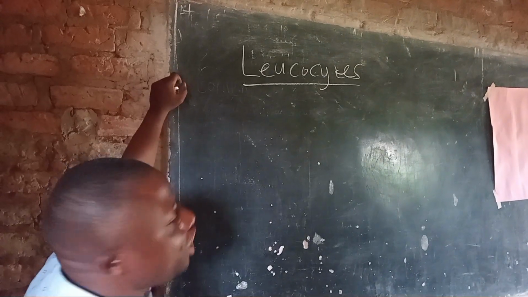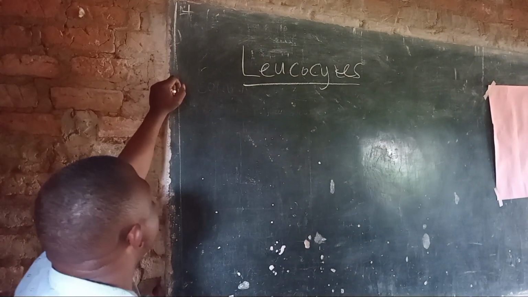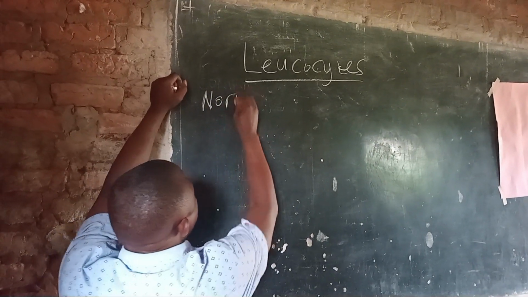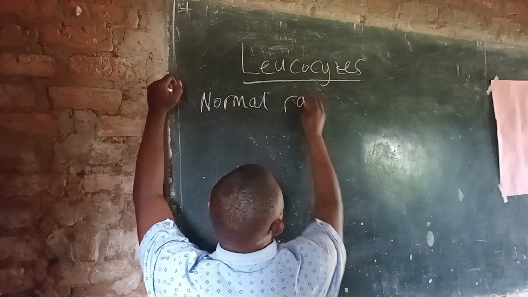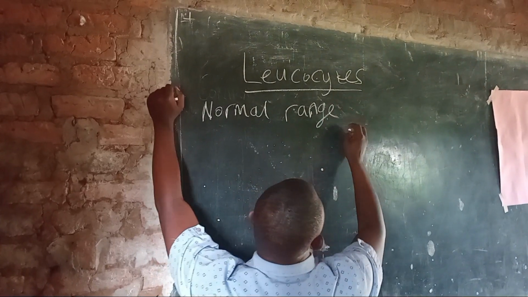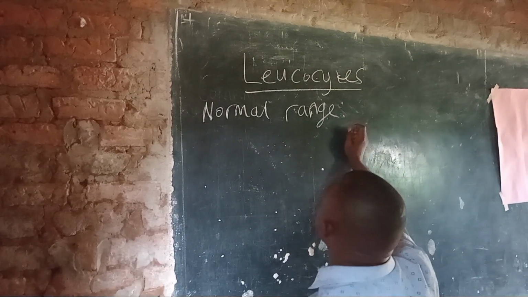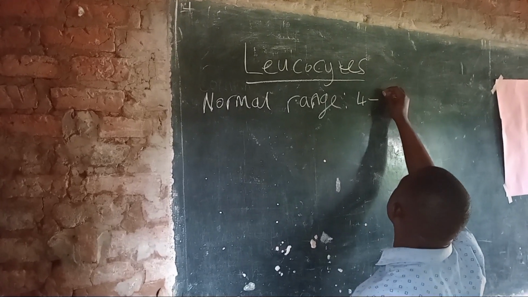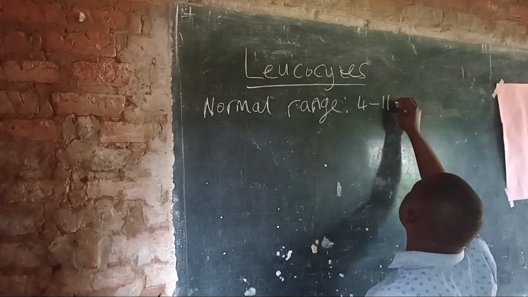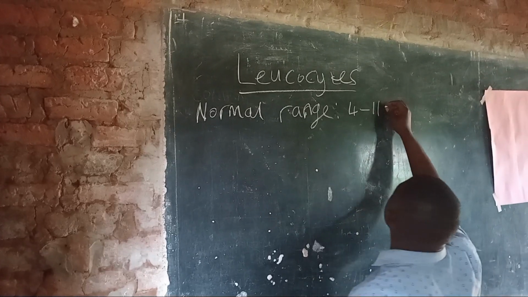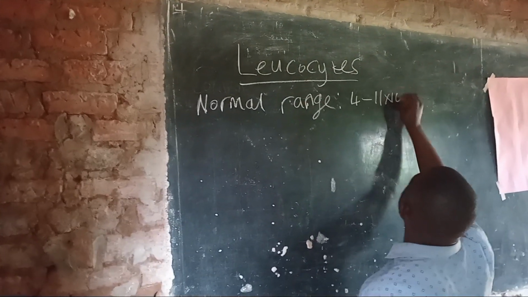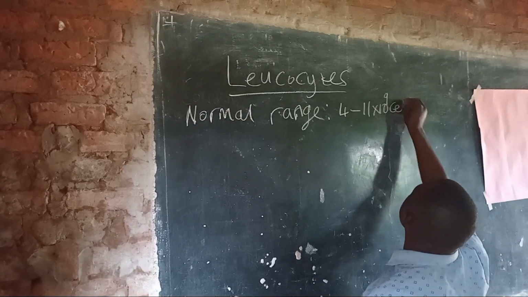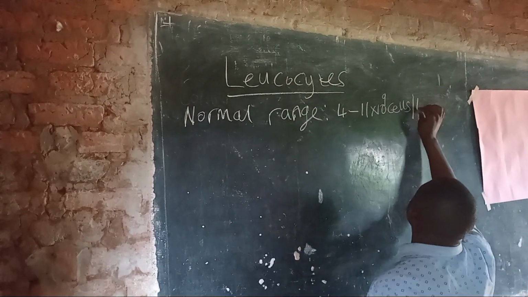Now, the normal range for the leukocytes is 4 to 11 times 10 to the power 9 cells per liter.